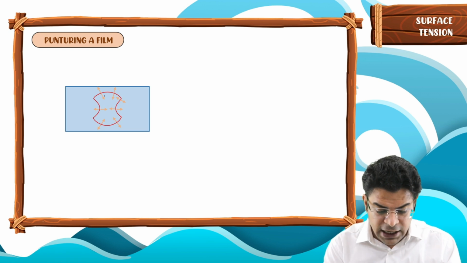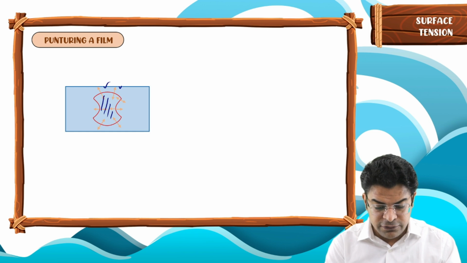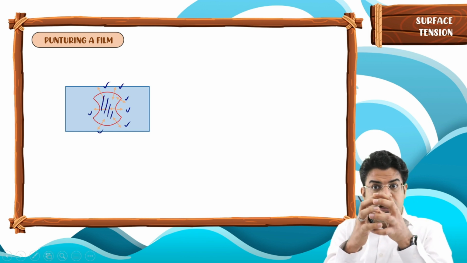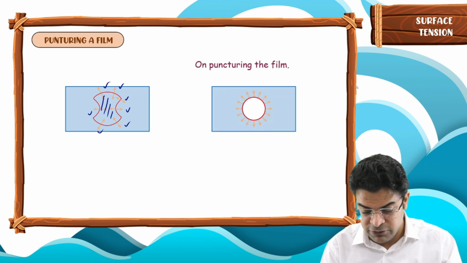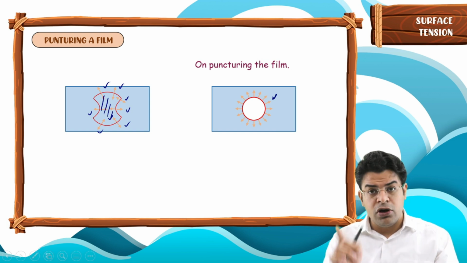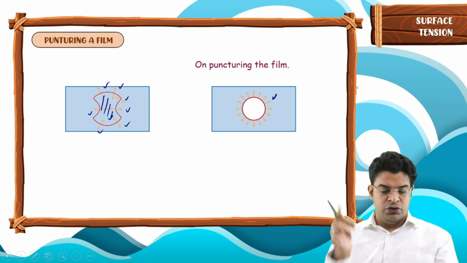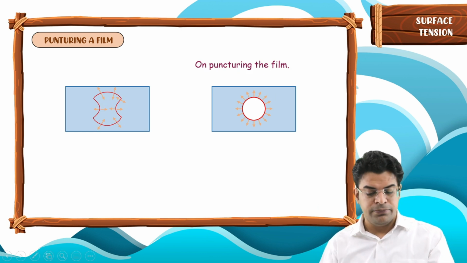But as soon as we puncture the inner part, due to the force of surface tension on the outer part, this loop starts to expand, and finally this loop takes up a circular shape. So when you puncture the internal part, this loop takes up a circular shape only because of the forces present outside.